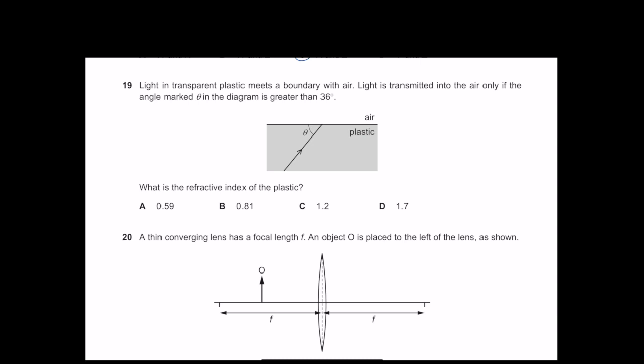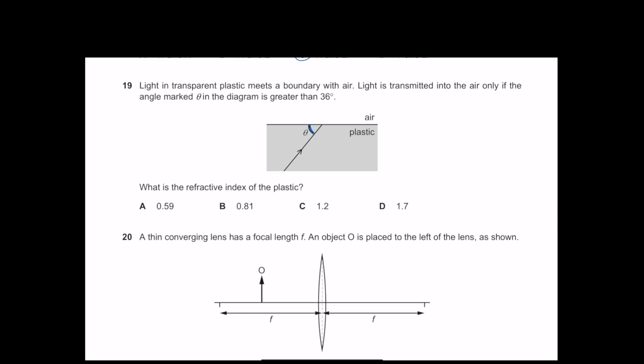Again, they said here, if the angle marked theta of the diagram is greater than 36. So actually here, if that angle is greater than 36, it means the light is transmitted into the air only if the angle marked theta in the diagram is just greater than 36.